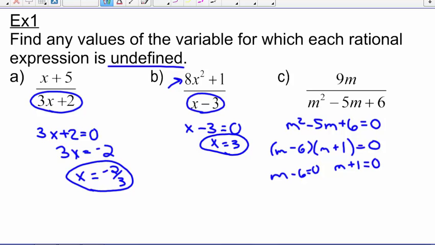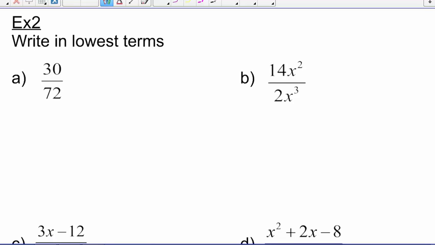And m plus 1 equals 0, so m equals negative 1. Just giving you a few seconds to copy everything down, make sure we're good here.